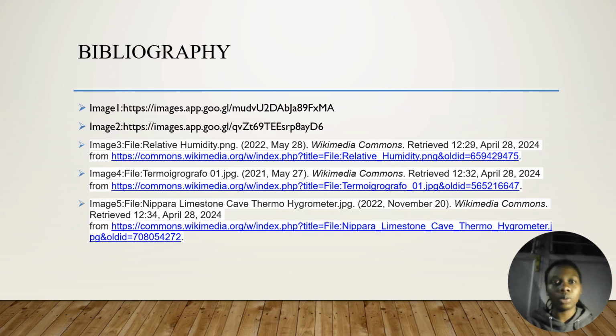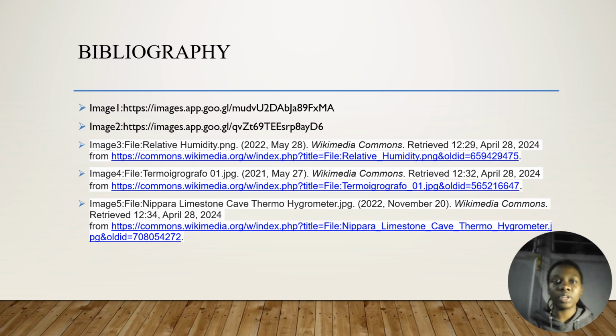Before ending, we have the bibliography, or where we conducted our research. Here we have the link which shows our image and where we found it. In short, we did research on Google, Wikipedia, and other websites.